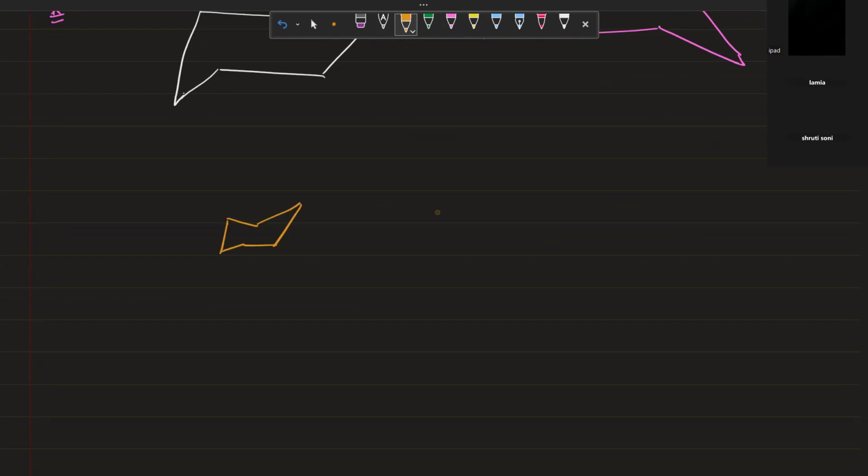Let's suppose we firstly add straight bonds. Let's suppose this is the straight bond, the first one, and then we add the next bond over here. Then we add one bond here. So there are three bonds on alternate carbons.